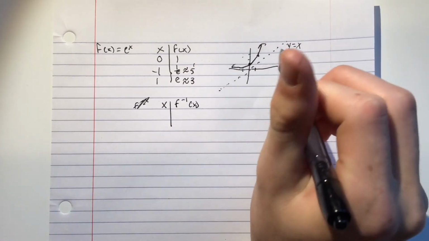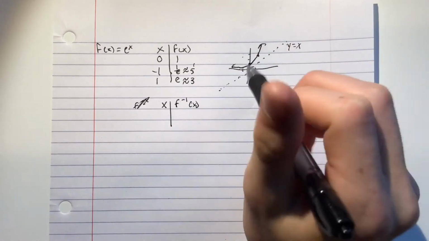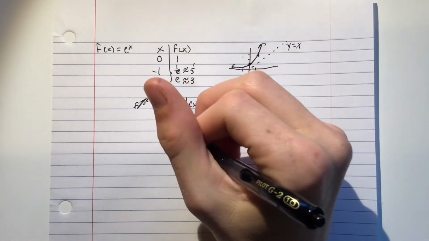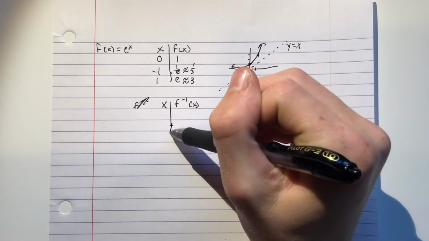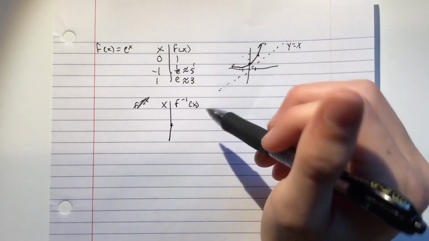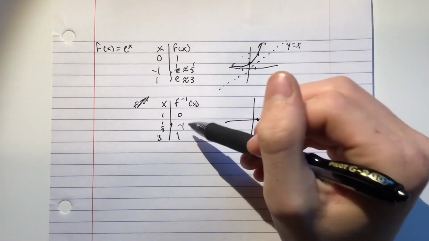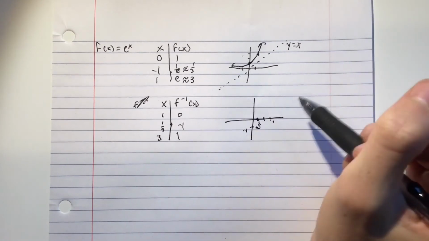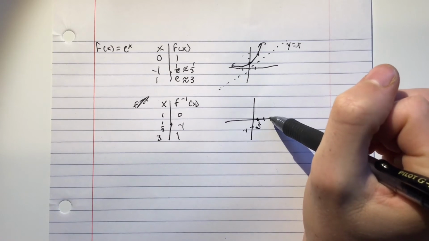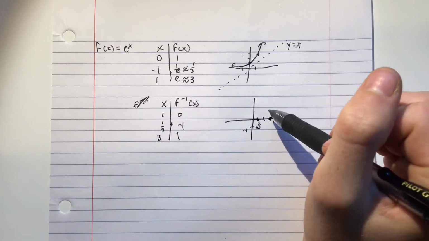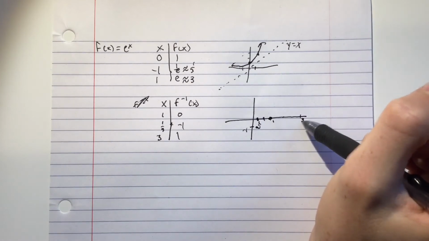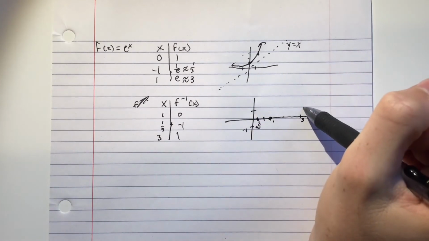We literally switch, since x equals y with inverses, we switch the x and the y, or the f of x, and then we get a new function, and if we plot those, we should figure out what the inverse looks like. So 1/3, -1, this is -1, there's a point, and then I have 1, 0, there's 0, and then I have 3, 1.